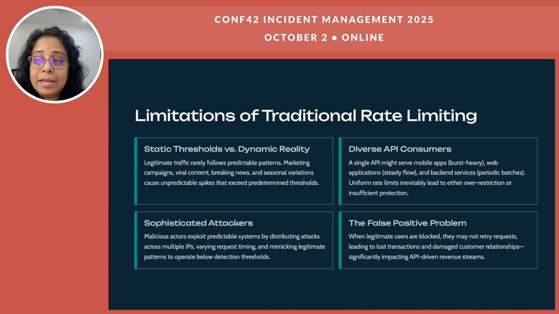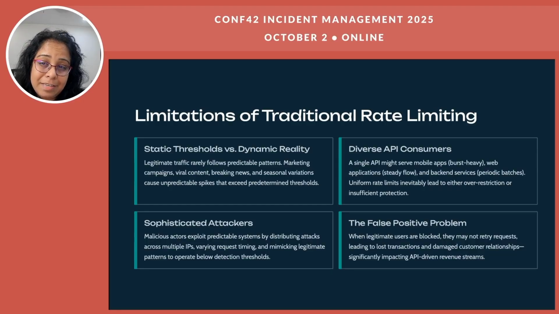Her system sees nothing wrong. The bots get in and scrape all of the flight and hotel data. This is a sophisticated attacker problem. They distribute attacks across multiple IPs and varying times to stay below the radar, or below the detected thresholds.